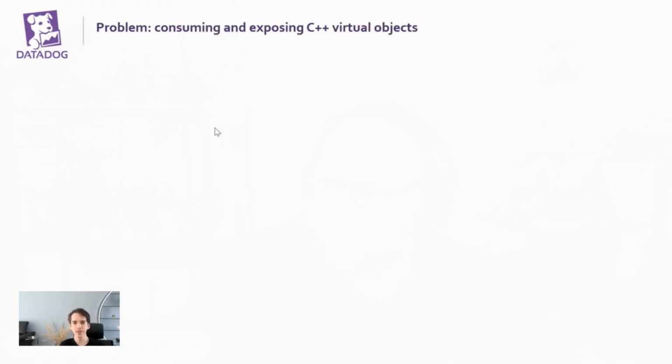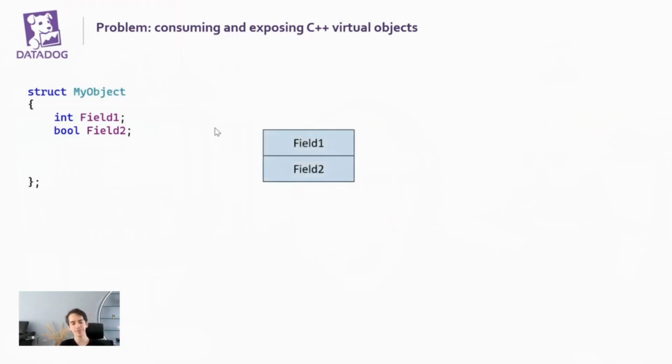Last but not least, we need to consume and expose C++ virtual objects. So what is so special about virtual objects? Let's take a simple C++ object. In memory, it's going to look like this. And then let's say that we add a virtual method to the object. What is going to happen is that the compiler will emit a hidden field at the beginning of the object, and that field will be a pointer to the vtable.